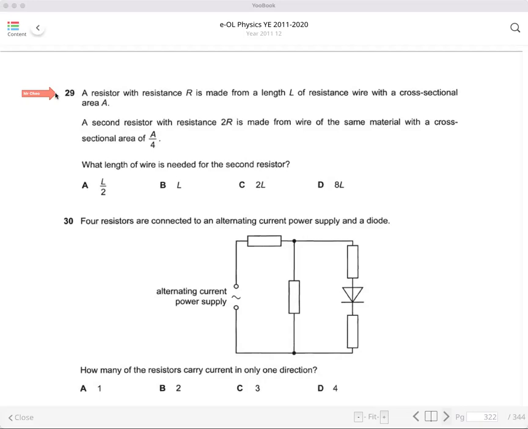Chelsea, that's your answer for question 29. I don't understand the question. Can anybody explain to me what the question means by what length of wire is needed for the second resistor?